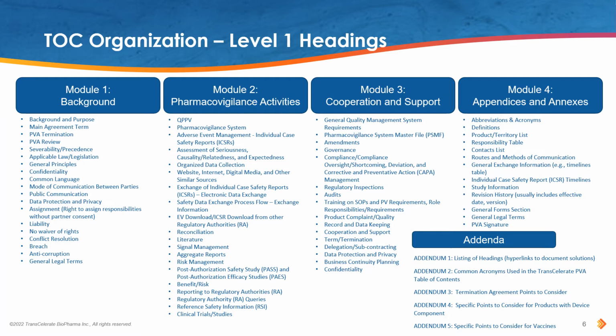Addendums were also created to provide additional information for vaccines, combination products, and termination agreements. Additionally, the first addendum is a listing of all headings and subheadings with hyperlinks to each section, which can help the user to easily navigate to desired content.